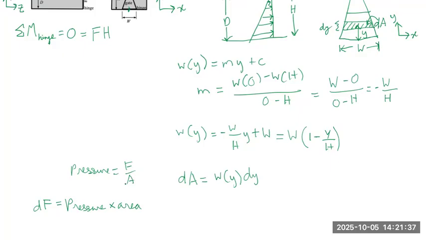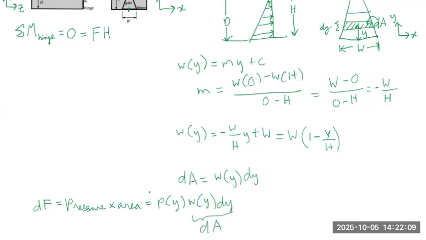So force would be equal to pressure times area. And this is equal to Py times wy times dy, which is Py times dA.